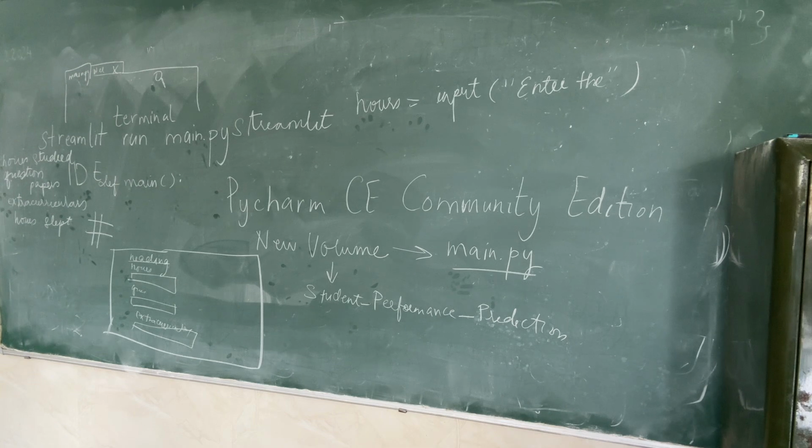One more thing is that when we're taking the user input, it will give us a string, but we want to convert it into an integer. So we have to convert it to an integer, right?